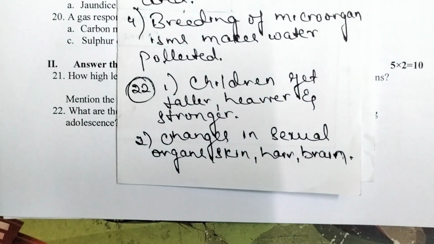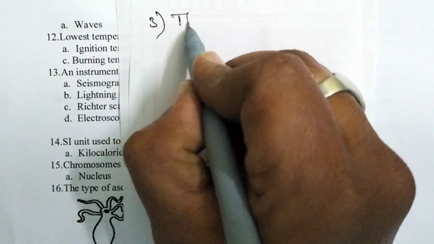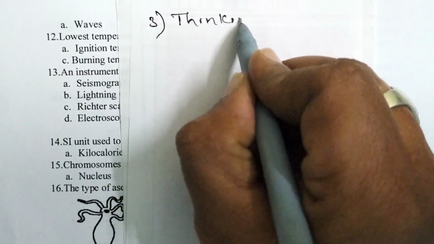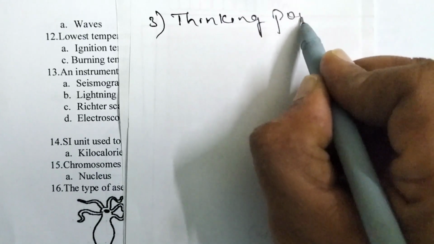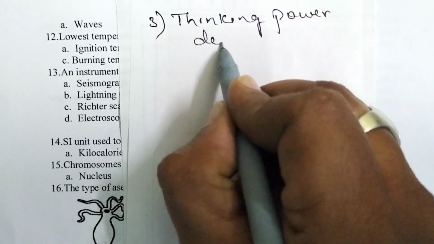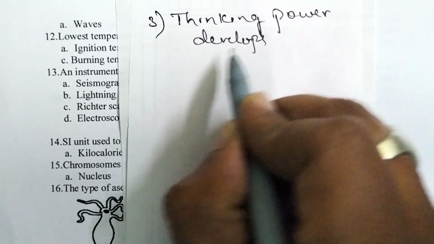This is the second point. Now let us write the third point: thinking power develops.